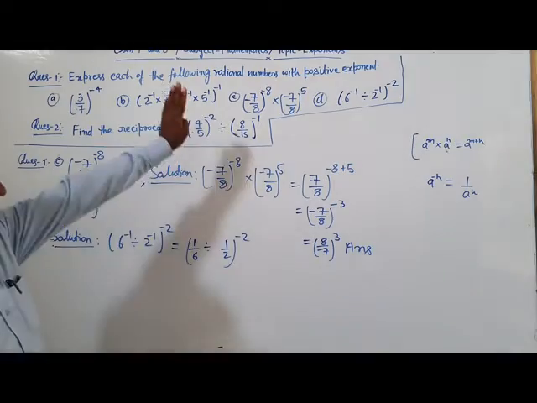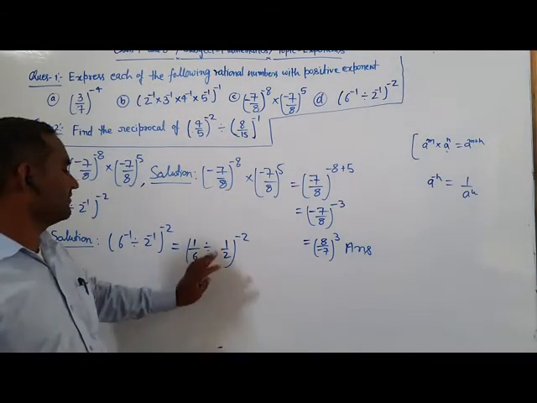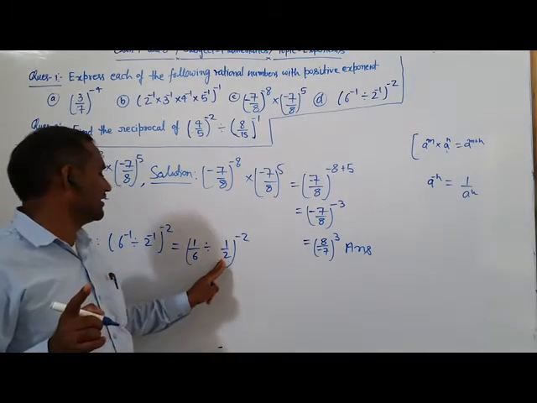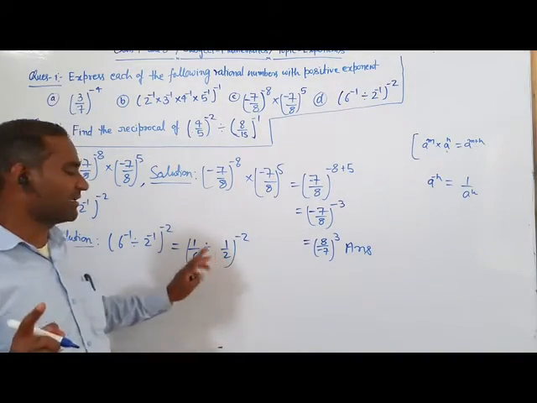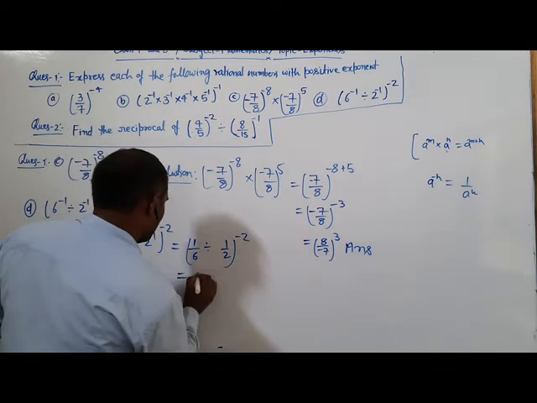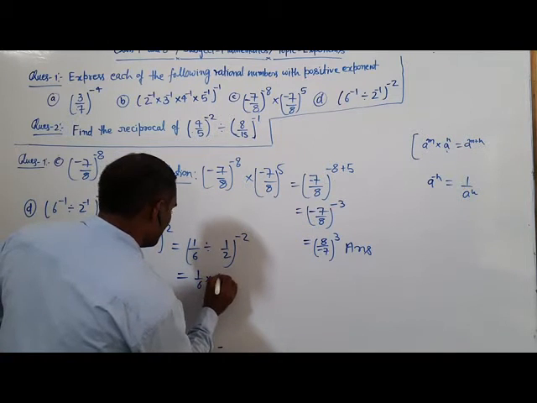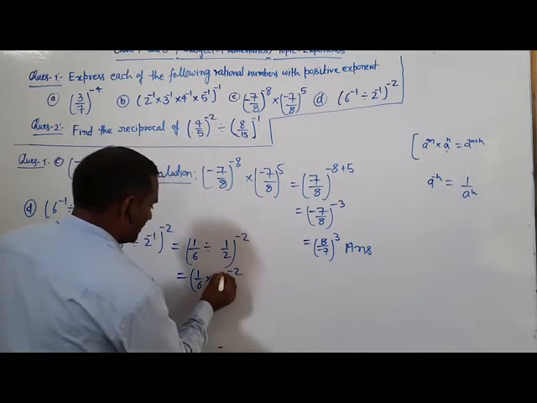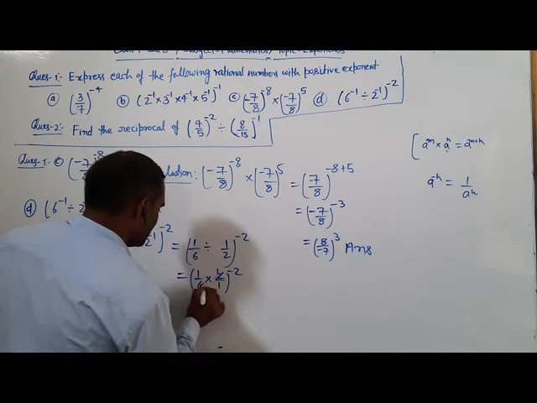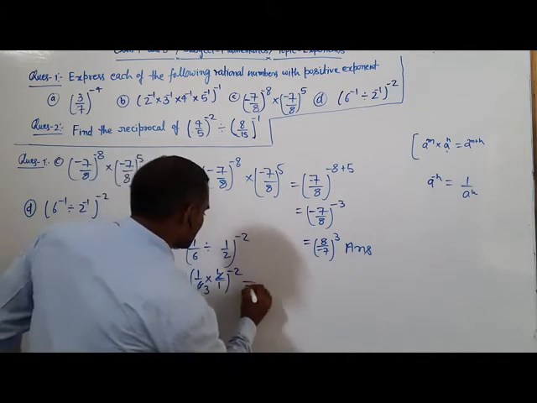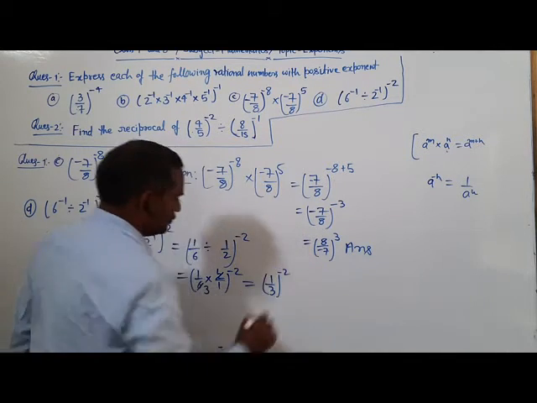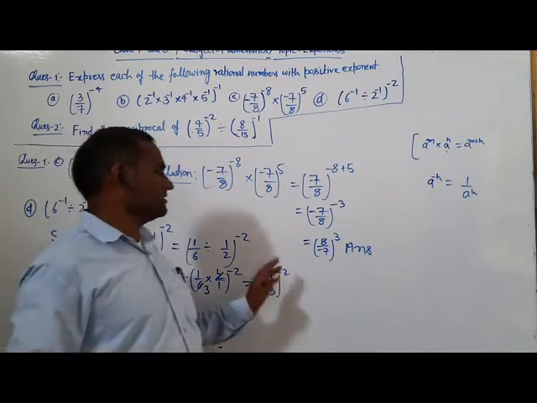Then we have to divide the first fraction by the second fraction. The sign will change into multiplication, and the numerator converts into denominator, denominator into numerator. So (1/6 × 2/1)^-2. Here 2 ones are 2, 2 threes are 6, so (1/3)^-2. Here the power is negative.